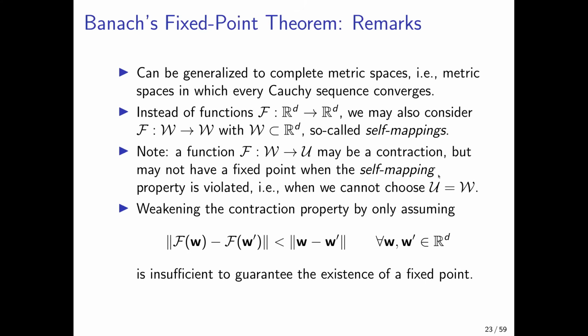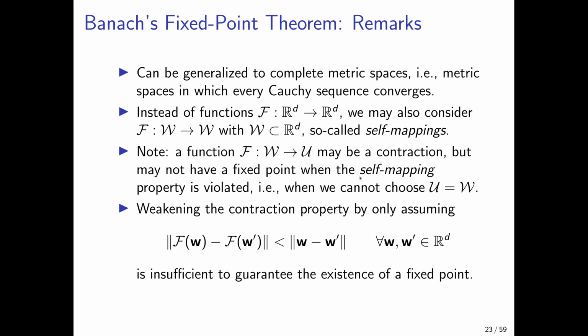Because if the self-mapping property is not satisfied, then the function may fail to have a fixed point. So in the extreme case, if we have some function mapping from some W to U, and they might even be disjoint. And even though this may be a contraction, of course, this cannot have a fixed point.